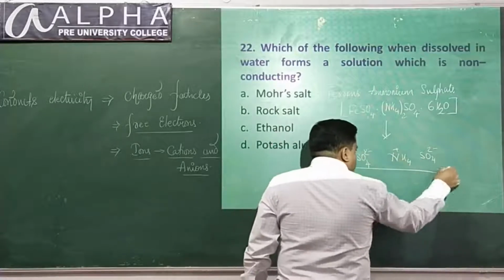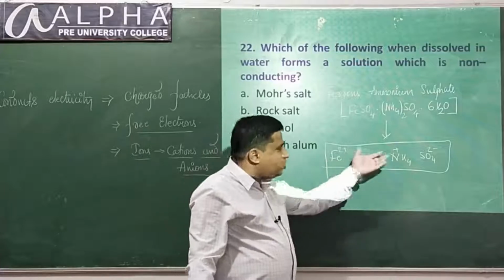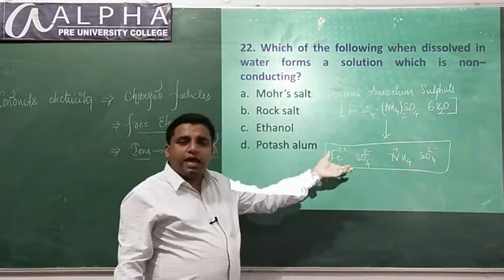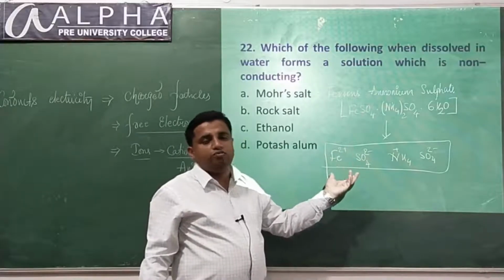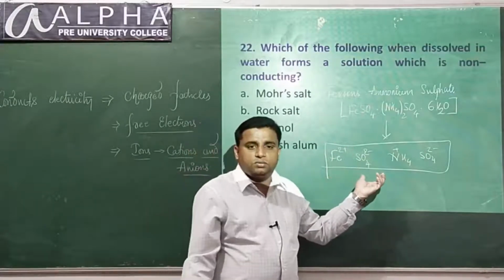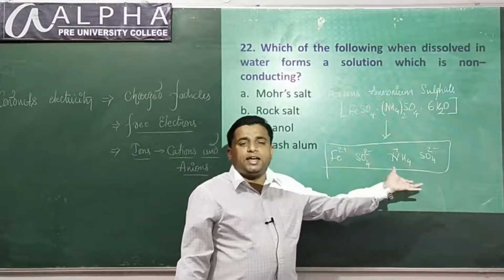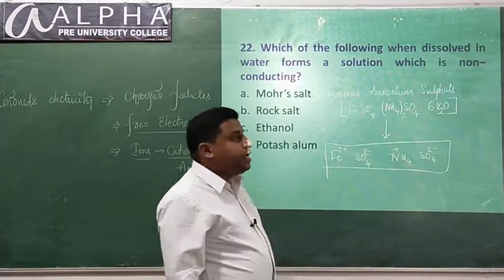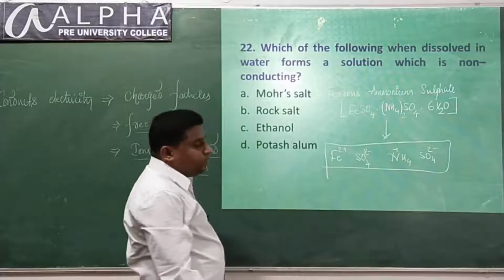So when Mohr's salt is dissolved in water, it will dissociate into ions. Ions are charged particles. That means Mohr's salt solution has charged particles. If there are charged particles, then obviously this solution is conducting. Hence, Mohr's salt solution is conducting in water.